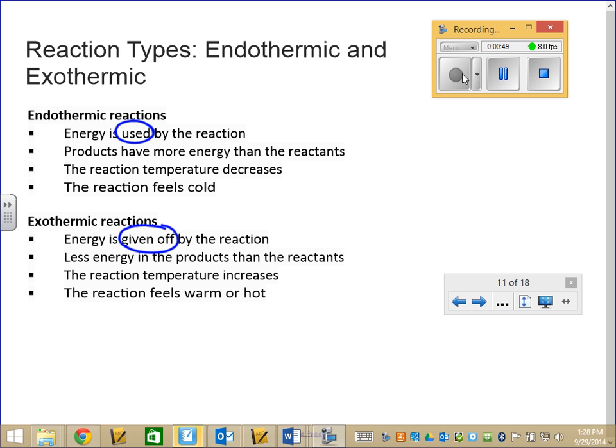What that means is that for endothermic, the products have more energy than the reactants, and in exothermic, they have less. So you'll notice I'm highlighting the word that's different in each of the statements. For the third point, we're talking about temperature. It decreases for endothermic and increases for exothermic.